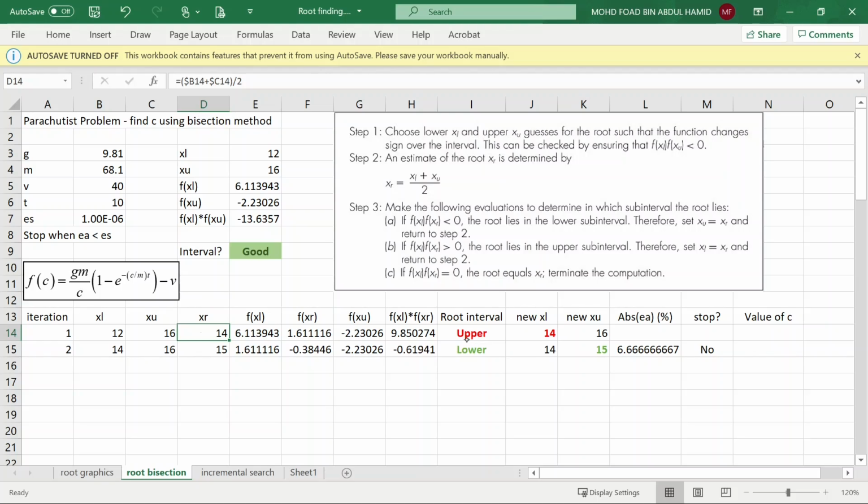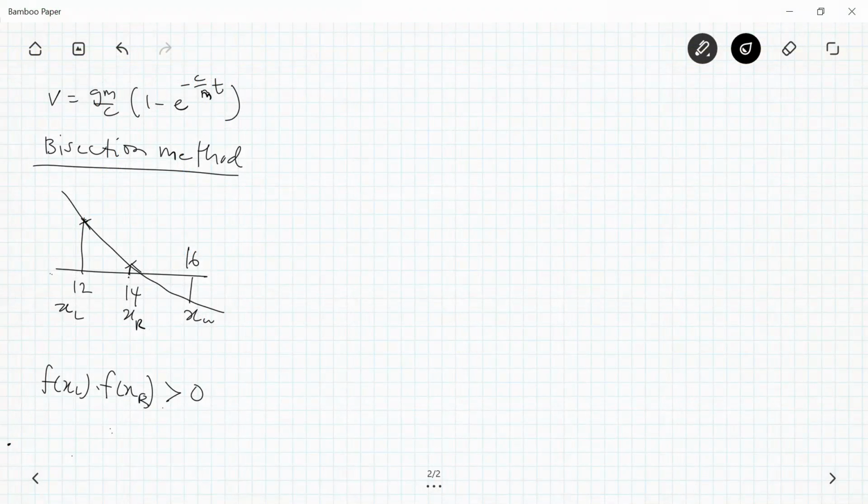It's not in the lower interval, because in the lower interval the product is positive. So now set the new lower bracket as 14. The upper still remains the same, which is 16. So now my new interval is this one. This is my first iteration, and this is my second iteration.